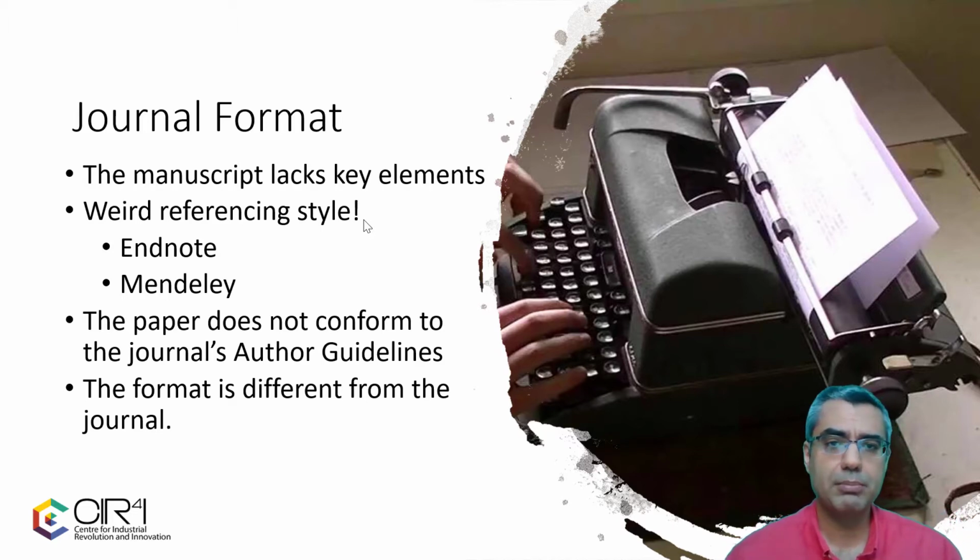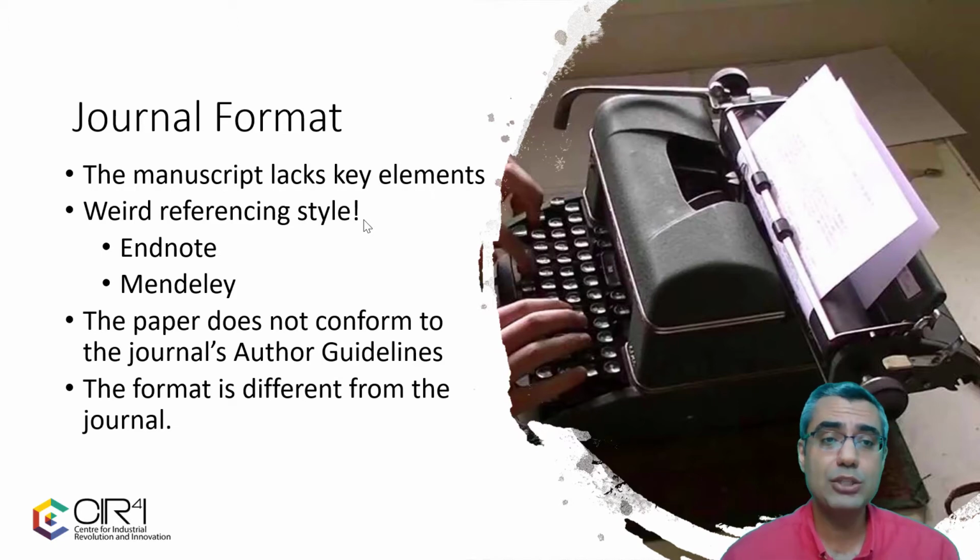So for example, some journals expect you to have a discussion section. Some journals don't expect it. For example, econometrics, those papers in the field of economics, they usually don't have a discussion, right? But some journals, like our journal, we expect to see a discussion section after the results. Some of the journals have some specific formats. Some of them allow you to follow any format that you want as long as it's consistent.